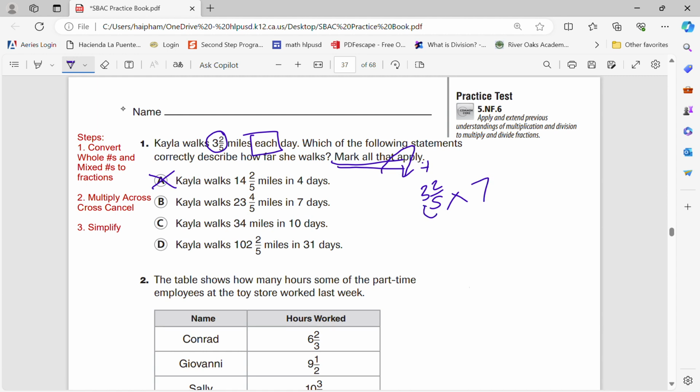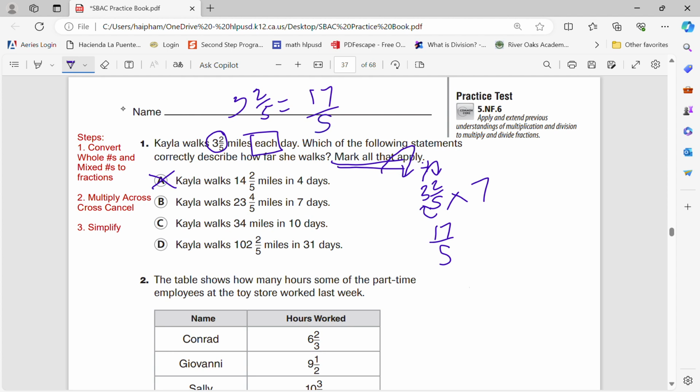Earlier we explained to convert your mixed number into a fraction, and we remember that 5 times 3 is 15 plus 2 is 17. So we're going to have to do this repeatedly, so keep this number in mind. 3 2/5 is equivalent to 17/5.